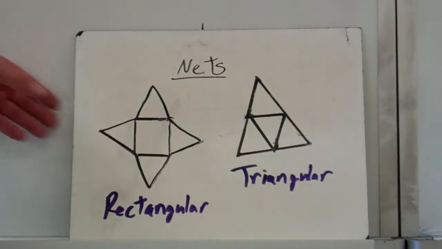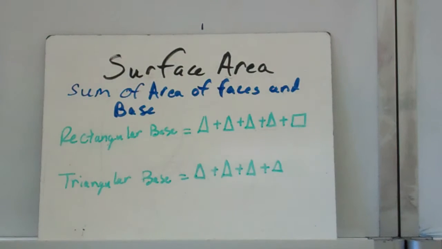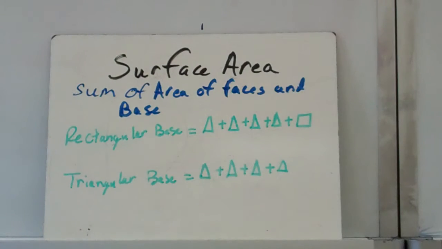So when we talk about surface area, again, remember that surface area is the sum of the area of the faces and the base. We're trying to find what the area of each of the faces is and add that together to get the total surface area.